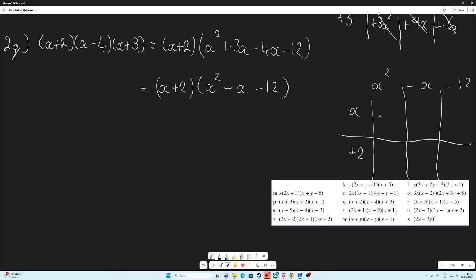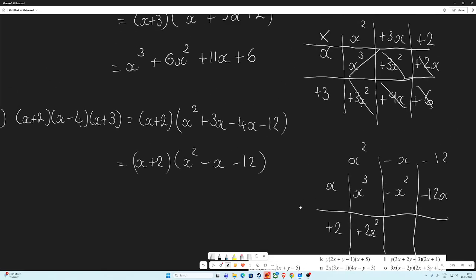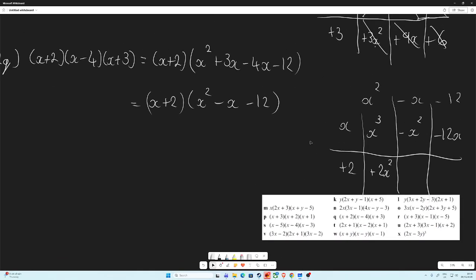So we have x cubed minus x squared minus 12x plus 2x squared minus 2x minus 24.